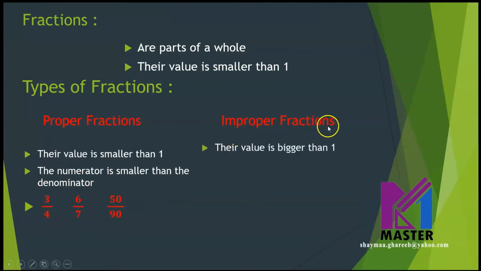For the improper fractions, their value is bigger than 1, which means any improper fraction is greater than any proper fraction. Because, as we said, the value of the improper fractions is bigger than 1, and the value of the proper fractions is smaller than 1. The numerator is bigger than the denominator.